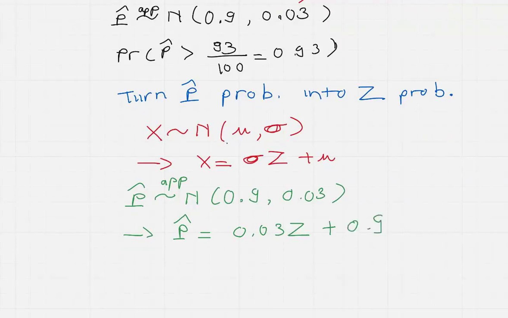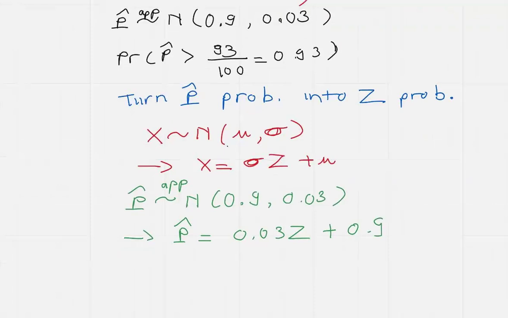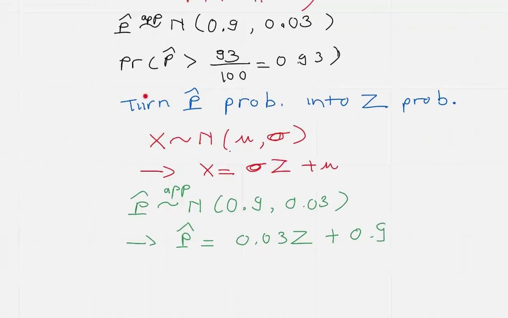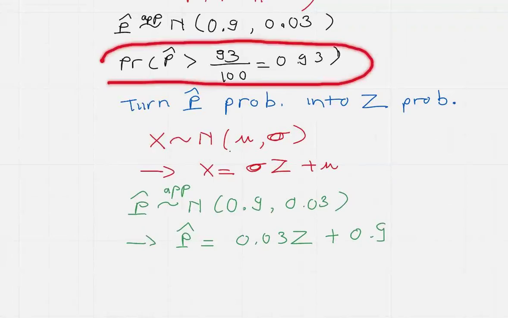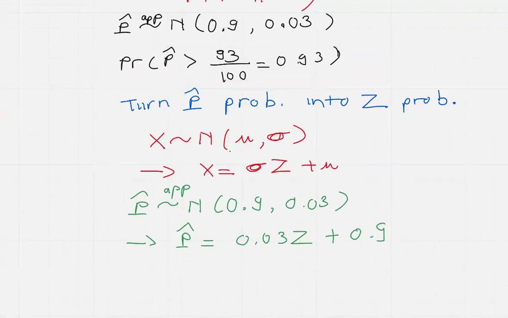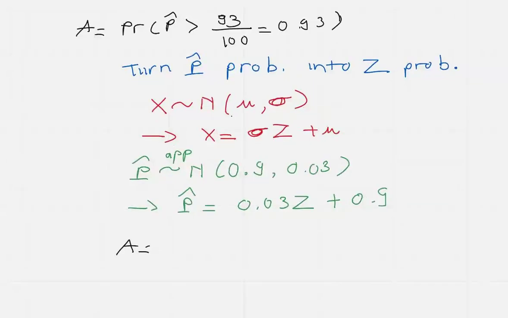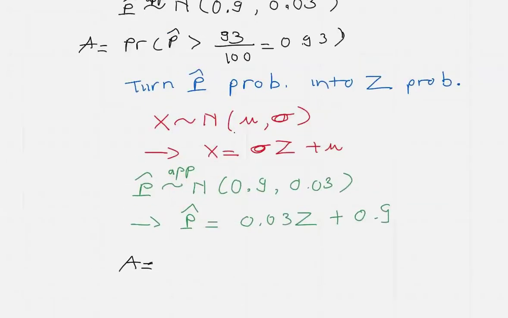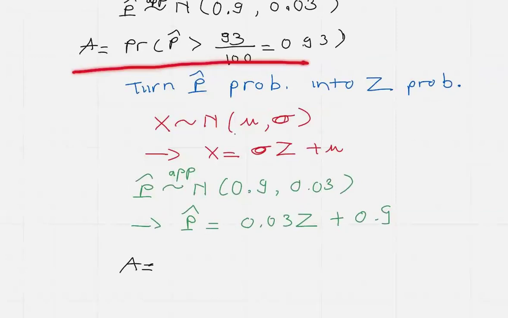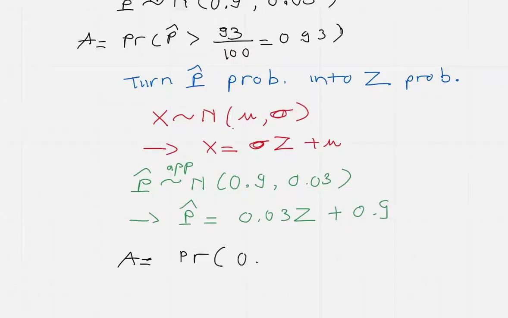Does it make sense? So the probability that we want to figure out here, that one, let me call it A. This probability can be rewritten as the probability that 0.03z plus 0.9.